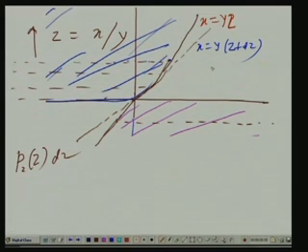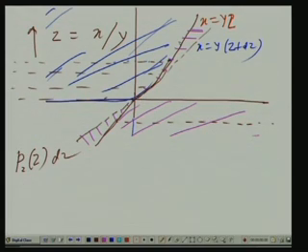So, basically I have to now look for this area. Because within this area, for any x comma y, the value x by y will be greater than capital Z and less than capital Z plus dz. That is obvious, right? So, what is the probability of x comma y falling within these triangular sectors?